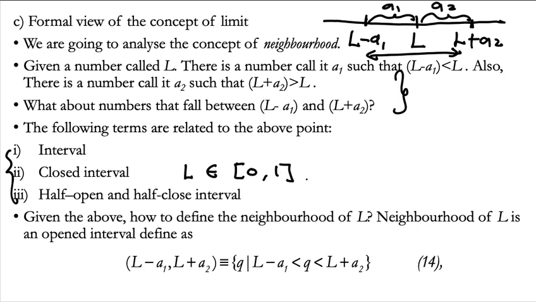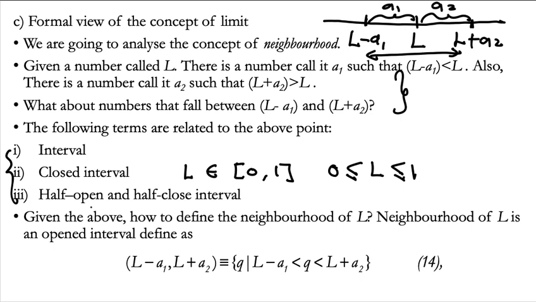It can be rewritten as this as well, greater than or equal to 0, but less than or equal to 1, isn't it? So this is a closed interval. Closed means what? If you see here, it is closed like a rectangle, so 0 is included, 1 is also included.